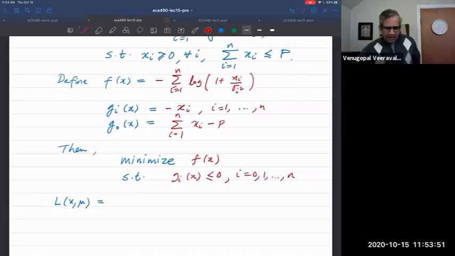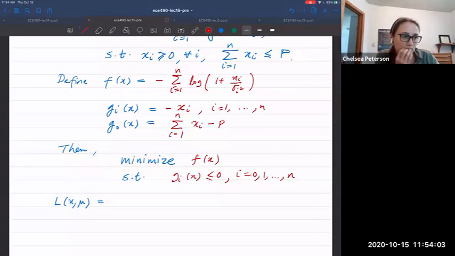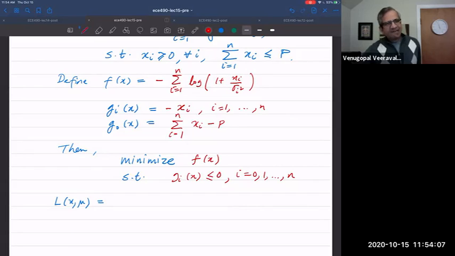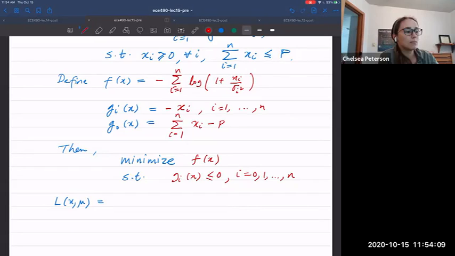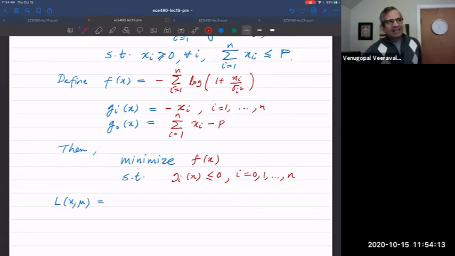So does anyone see a problem with this in terms of finding regular solutions? Remember, x has dimension n, and how many constraints are there? N plus 1. So can we have n plus 1 gradients that are linearly independent if they're n-dimensional?